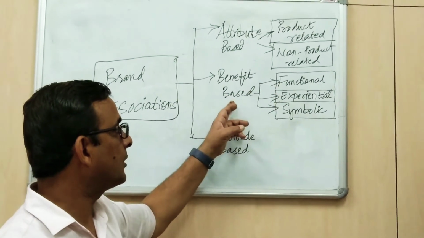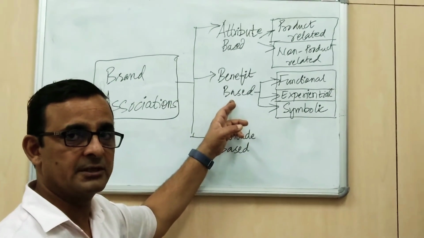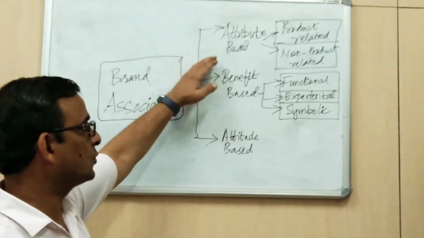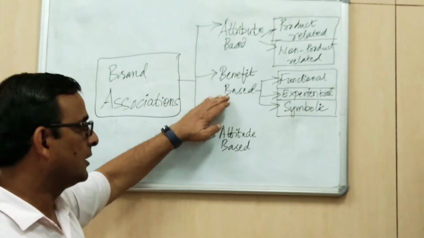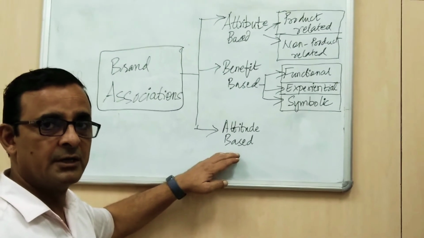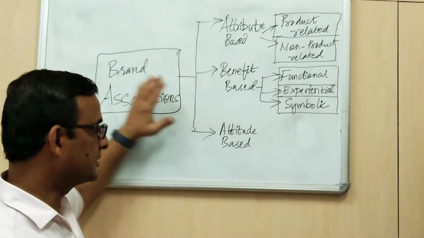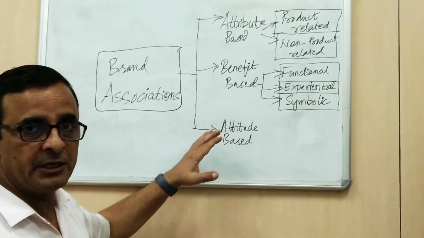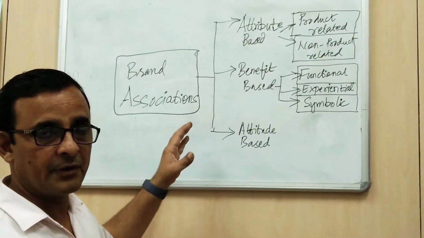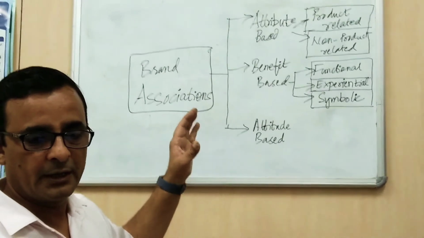Once you go through attribute to benefit, the last stage you achieve is attitude based association. This is the CBBE model as proposed by Keller.